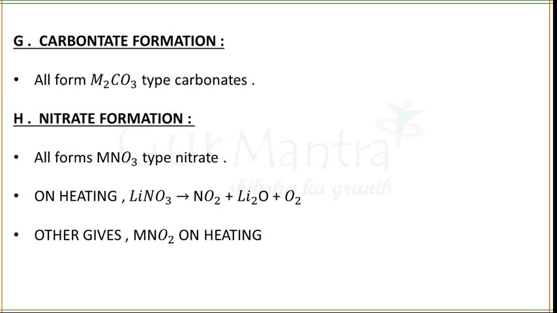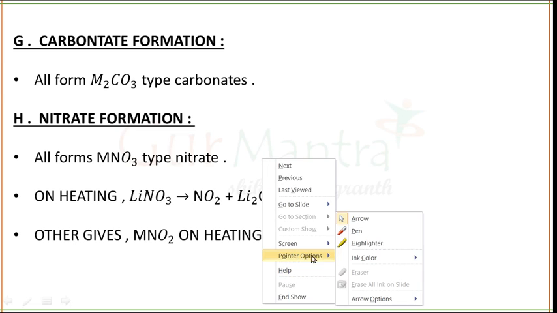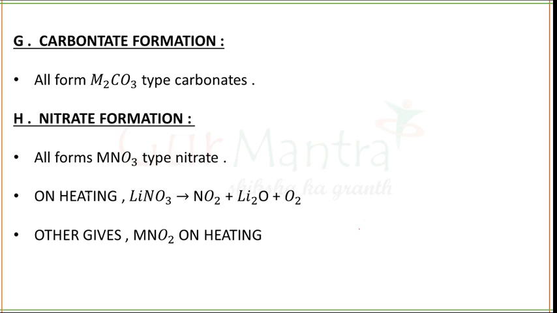Next is the carbonate formation. Group 1 elements form M2CO3 type carbonates, and in case of nitrate formation, MNO3 type nitrates will be formed. On heating, when you have LiNO3, the nitrate of lithium, you will get the compound Li2O, that is M2O type compound.